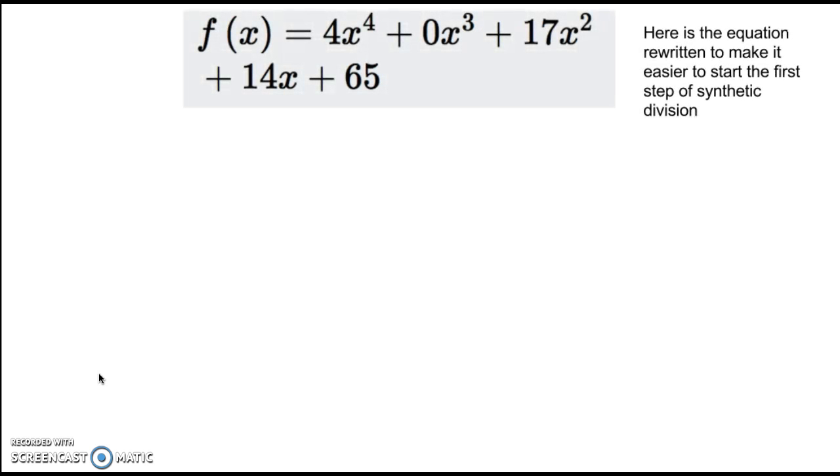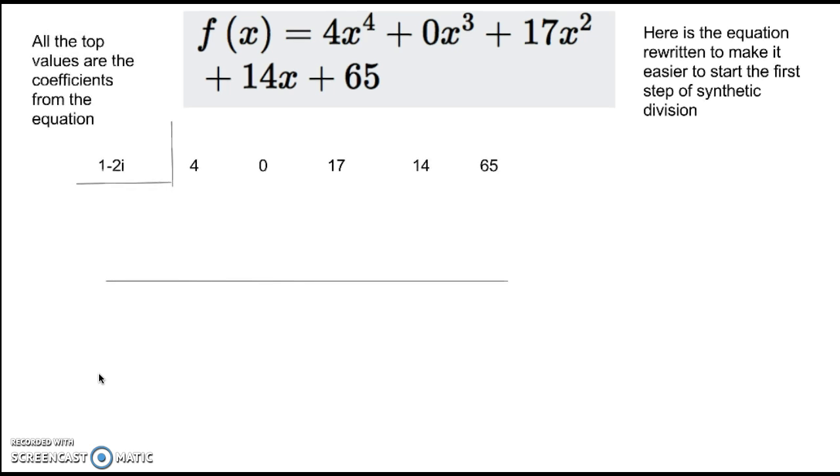Alright, what I did here was I started off by just rewriting the equation so that the following top line is easier to write out. It helps me do that, and you don't need to, but I like doing it. So what we're going to do here is bring down the 4 and multiply it by 1 minus 2i. Here you get 4 minus 8i, and then you add 0 to that, which you just get 4 minus 8i.